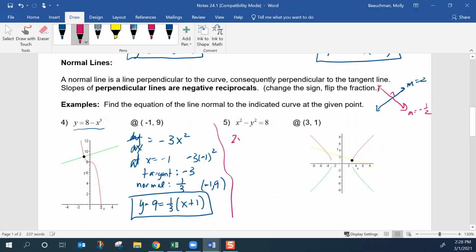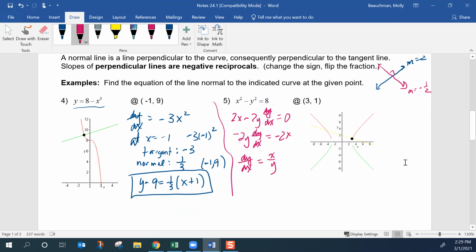The derivative of x squared is 2x, minus the derivative of y squared is 2y dy/dx, equal to 0. Take the 2x to the other side so I can solve for dy/dx. Divide both sides by negative 2y. I get dy/dx equals positive x over y.